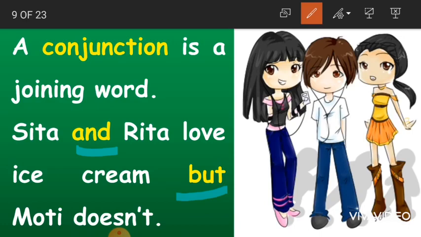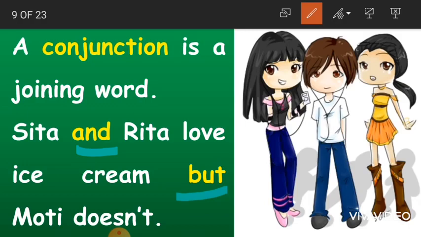That is why and, but become conjunctions here. Sita and Rita both love ice cream but Moti does not. So and, but, where it is adding a connectivity, those words become conjunctions. Understood, children? So here actually we'll be having two sentences.